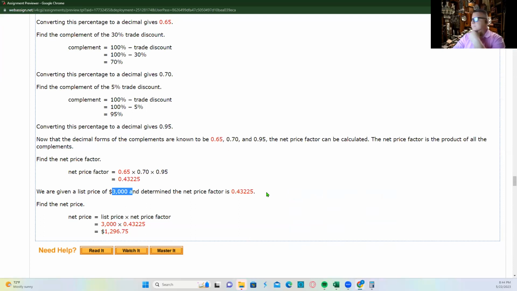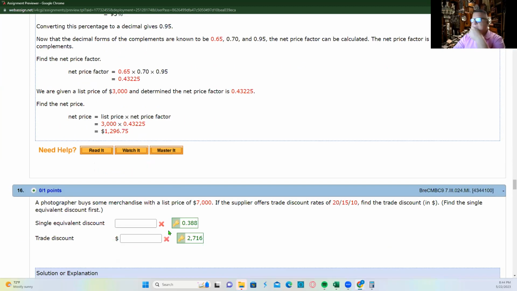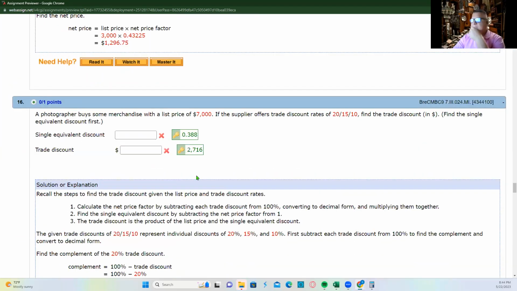List price times your net price factor is going to be what your price is, what they're calling net price, what's going to be your cost. These are all the same, guys, all the same.